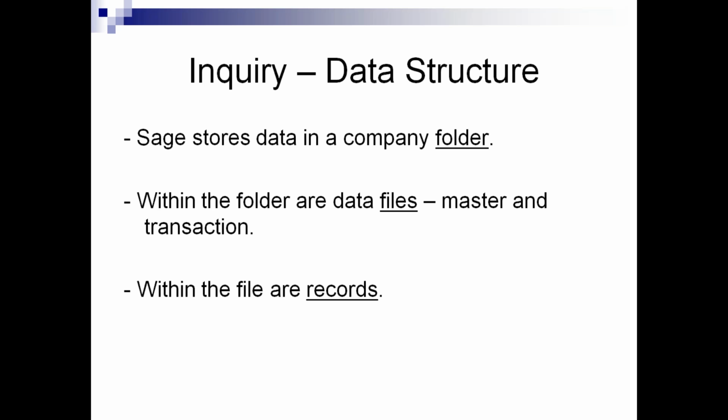It will probably be master and transaction the majority of the time. Within those files, whatever files we pull into the inquiry are records, and that's where we're going to get the information that's going to show up within our inquiry.